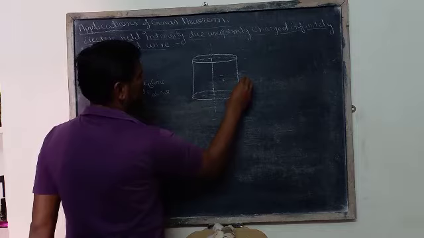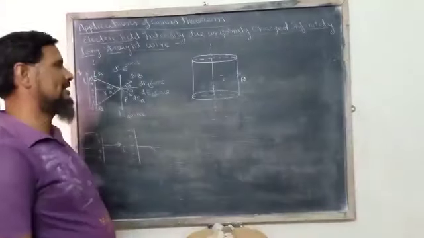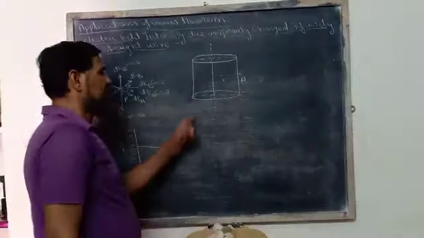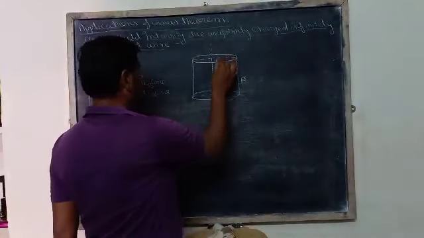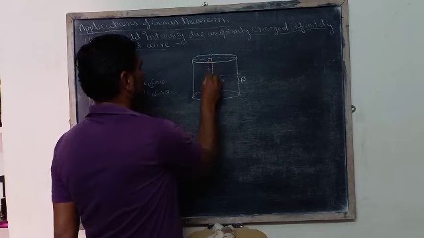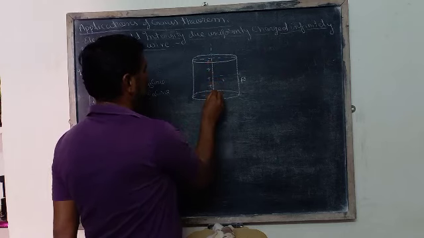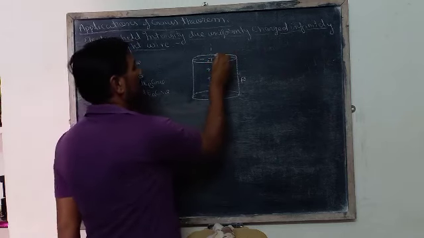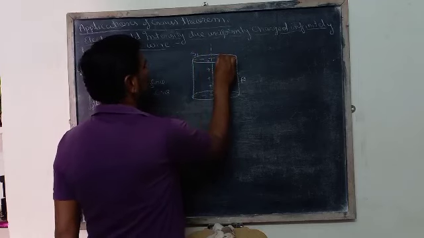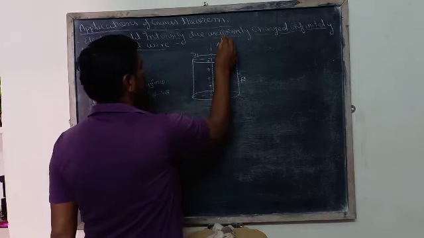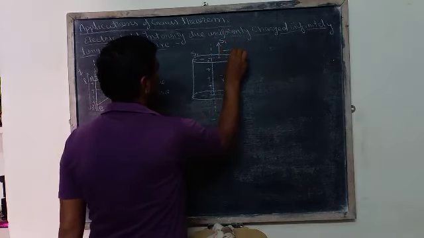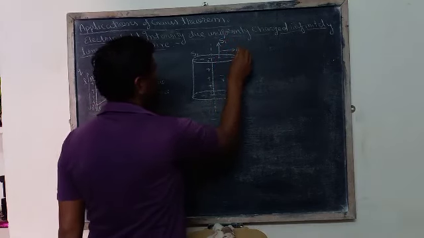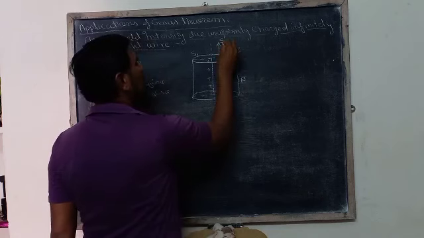This is P. So there are three surfaces in this Gaussian surface, and the direction of the electric field intensity will be radially outward. For the surface S1, the direction of S1 will be perpendicular to the surface, and the electric field intensity will be along this direction, and both are perpendicular.